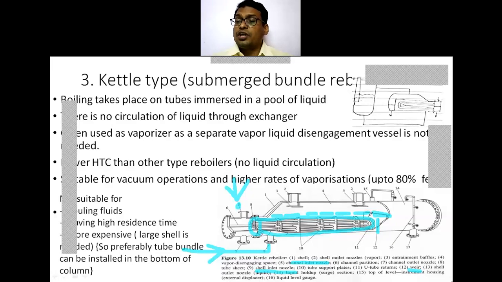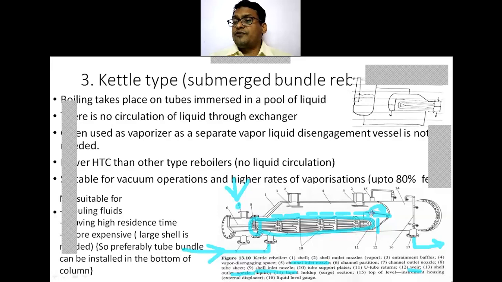Now whatever the overflow from above the weir, on this side the complete fluid will be there, and whatever the overflow takes place will cross this weir and go out. This is the shell side outlet, that is the nozzle outlet.